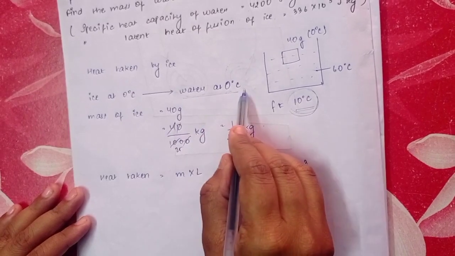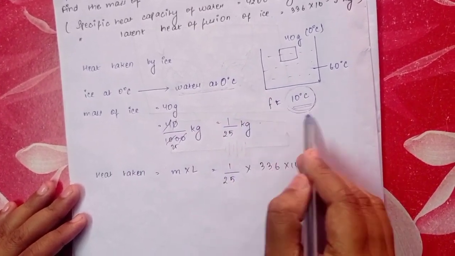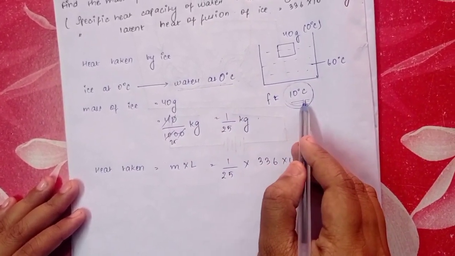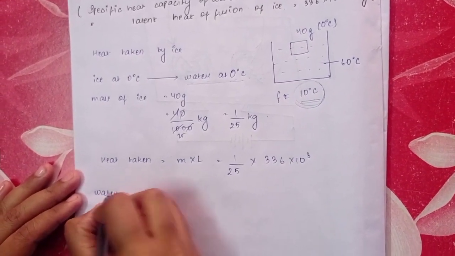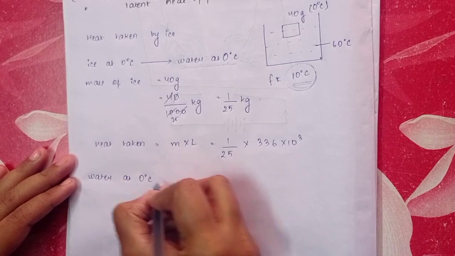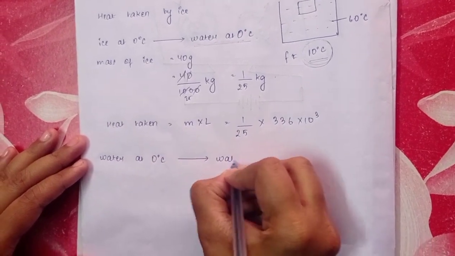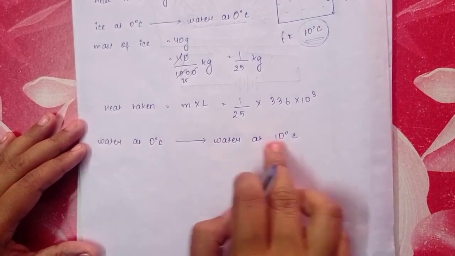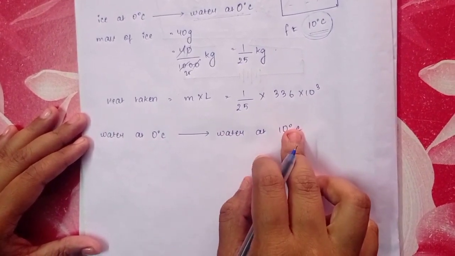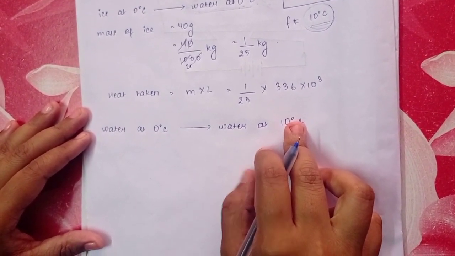The water at 0 degrees Celsius will now convert to water at 10 degrees Celsius because 10 degrees Celsius was our final temperature. So let's write water at 0 degrees Celsius will convert to water at 10 degrees Celsius. So we can see there is a change in temperature. So we will use the formula for specific heat capacity.